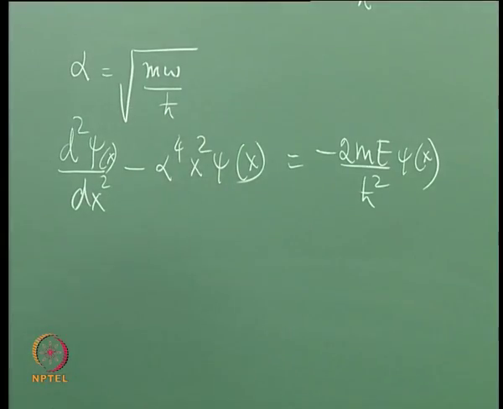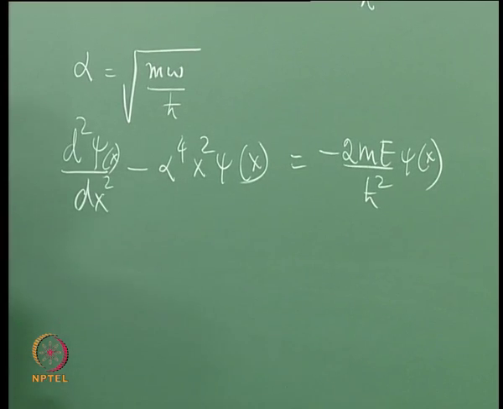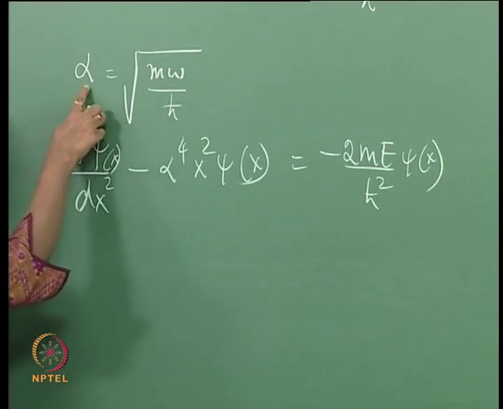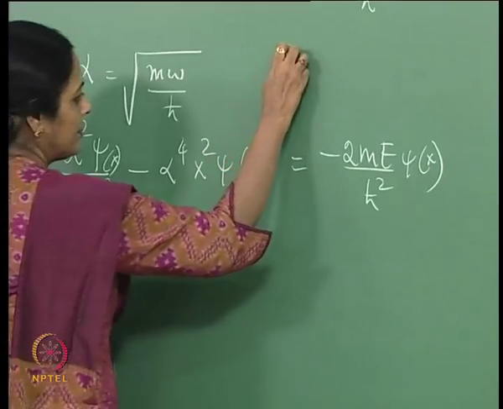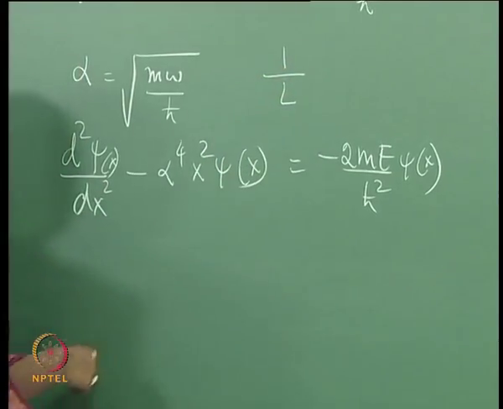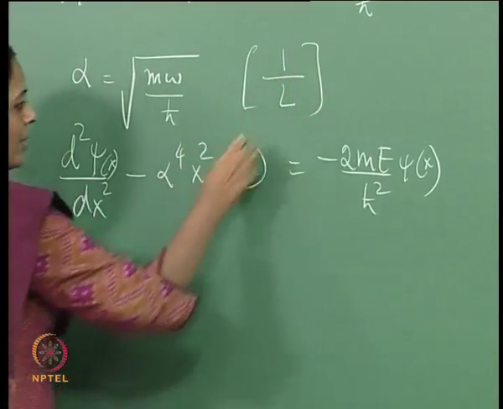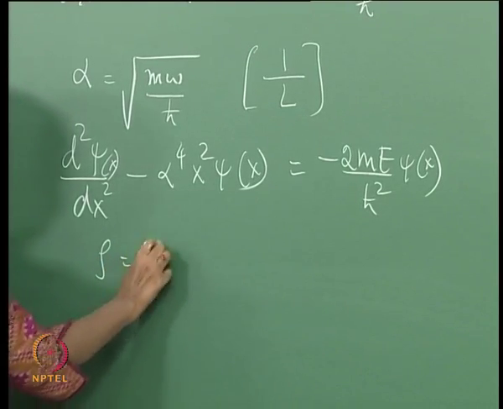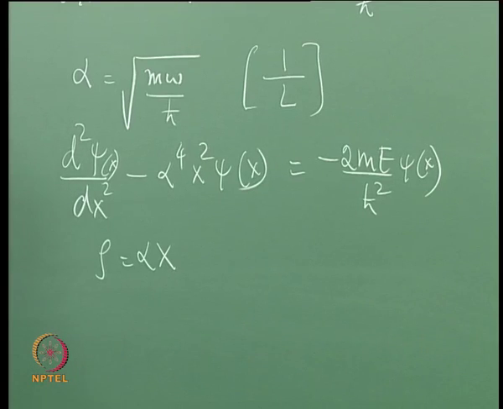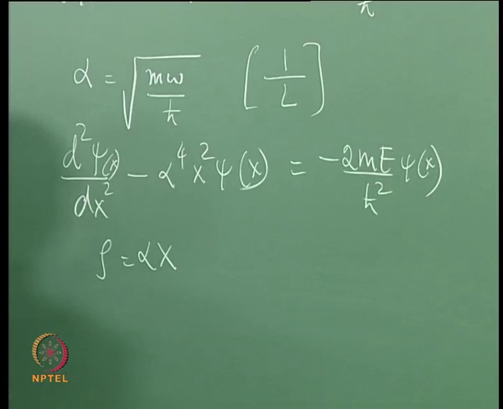Now we would like to work in terms of dimensionless quantities. So I can identify a length scale in this problem. You see, this object has dimensions of inverse length, that is the dimension, and therefore if I define an object rho which is alpha x, rho is a dimensionless quantity, and then we can recast this equation in terms of rho.